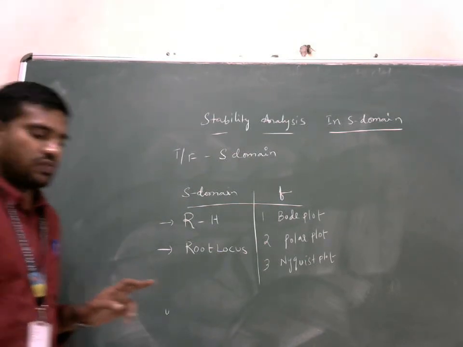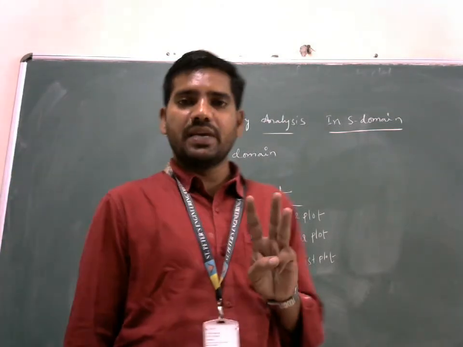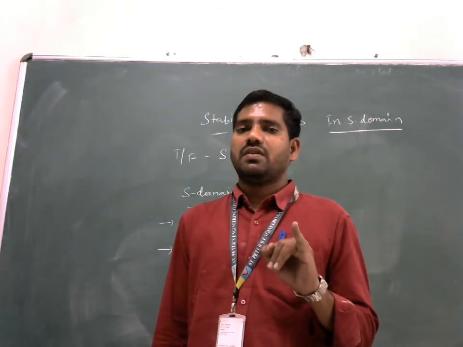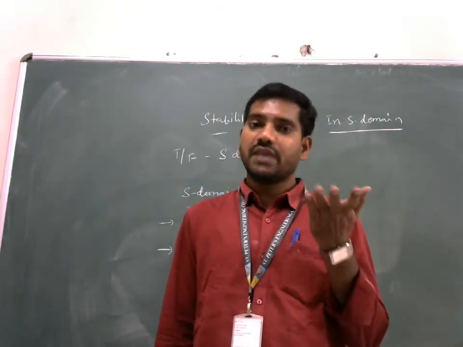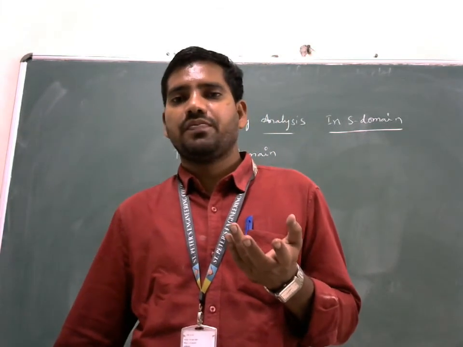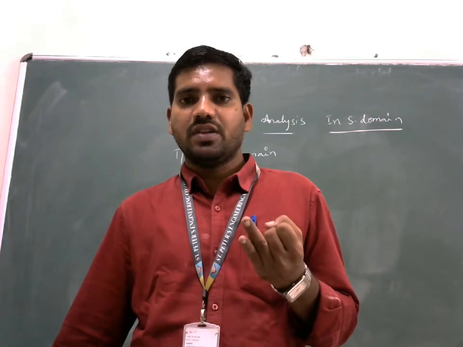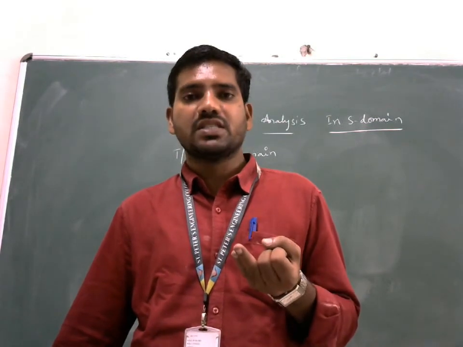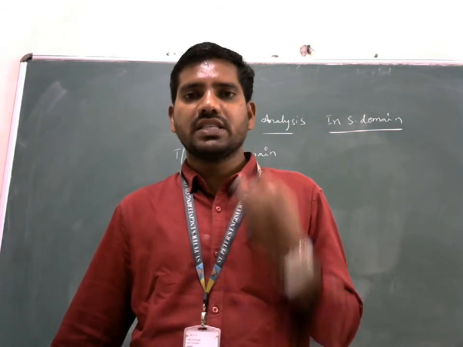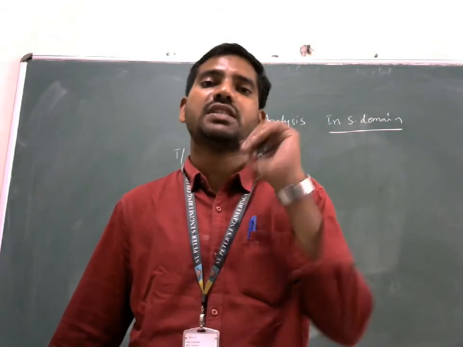How are we going to find the stability in the three main criteria? First, when it is stable. If you say it is unstable, you need to tell when the system will become unstable.